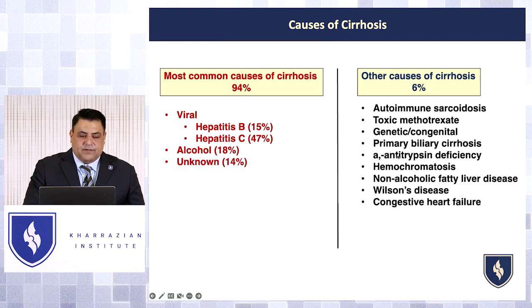Specifically hepatitis C being the main one. So the most common cause of cirrhosis here, about 94% of them, is viral hepatitis, 40% of it being hepatitis C, alcohol abuse being 18%, hepatitis B being 15%. So that's the 94%. As a clinician, do you know how to identify hepatitis? Well, listen, on your blood test, your transaminases are going to be high: SGOT, SGPT, GGT.